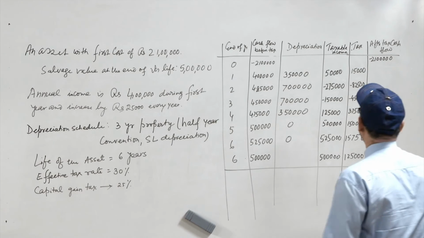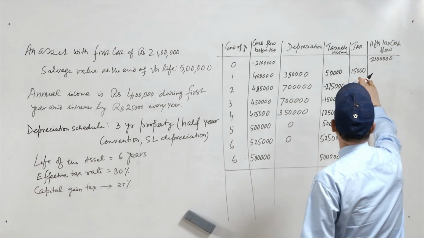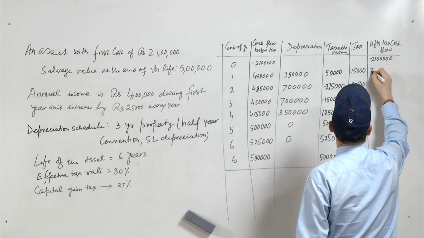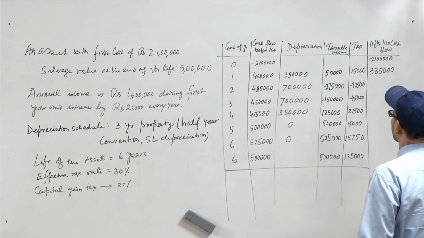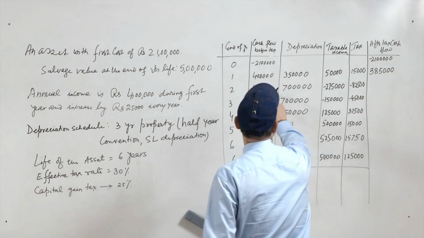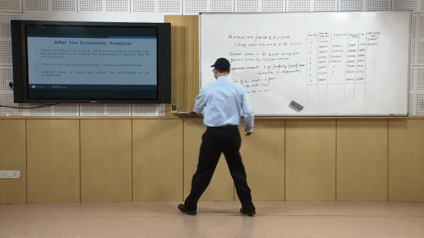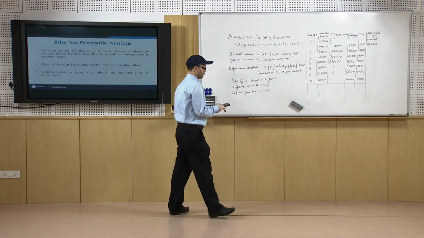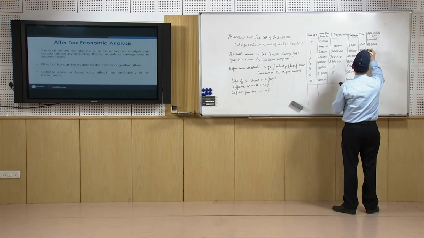Then you have 4 lakh cash flow before tax and tax you are paying as 15,000, so it will be 3 lakh 85,000. Then 4 lakh 25,000 minus 82,500, so 425,000 minus 82,500, so this is 342,500.